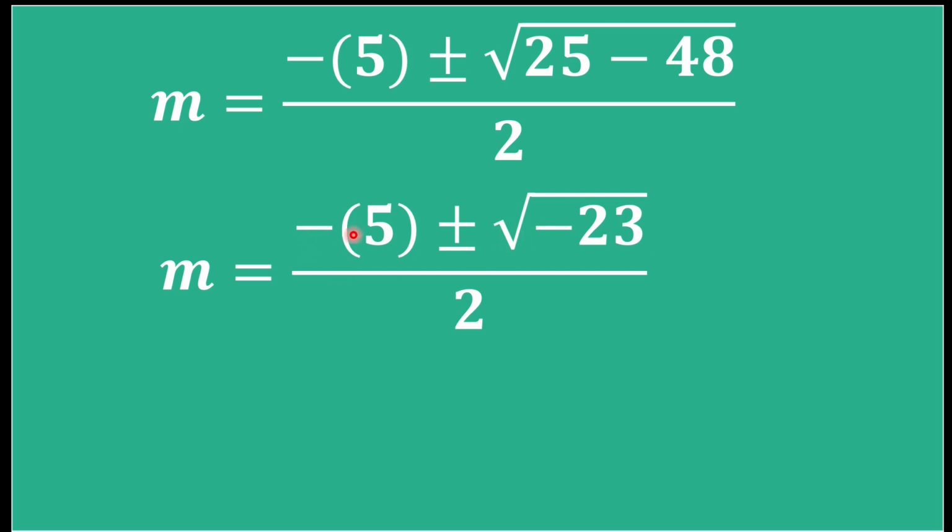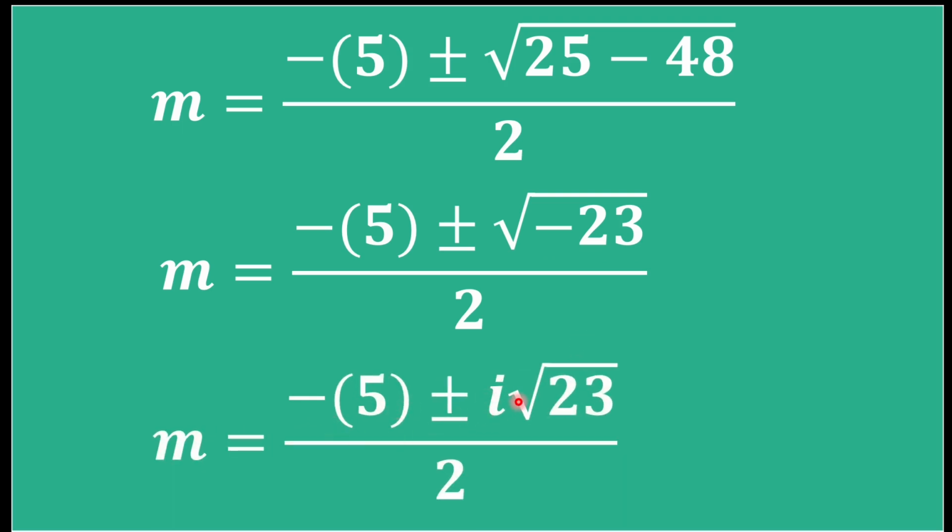So overall we have minus 5 plus minus square root of minus 23 divided by 2. As you know, this square root of minus 23 is equal to iota square root of 23. So we can write this as minus 5 plus minus iota square root of 23 divided by 2, and these are the other two values of m.